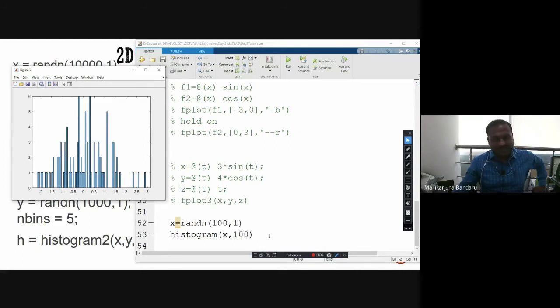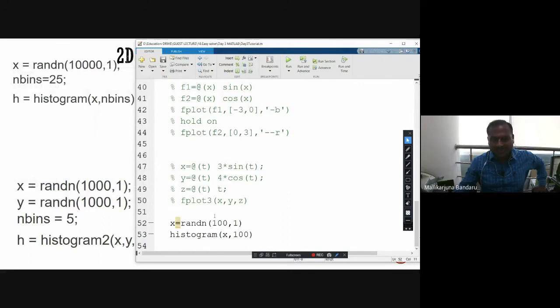The same thing, suppose you would like to visualize in 3D. Simply, whatever the histogram syntax, at the end you just put 2, and we need to have the 2 dimensions. So that's why y is equal to randn of 100 comma 1, suppose. Then let us take x comma y and let us remove the number of bins.